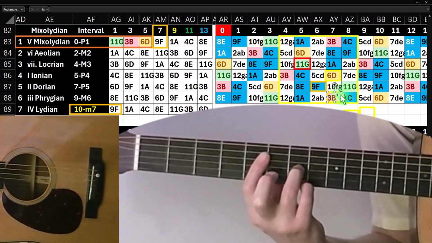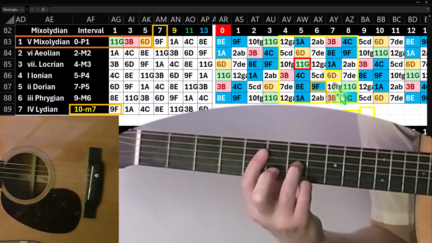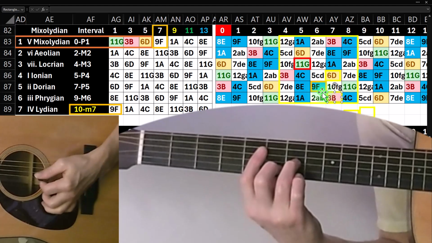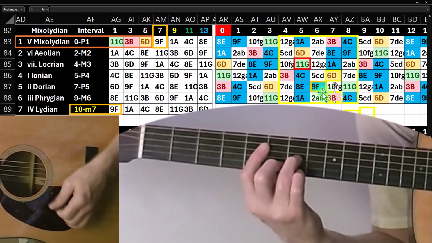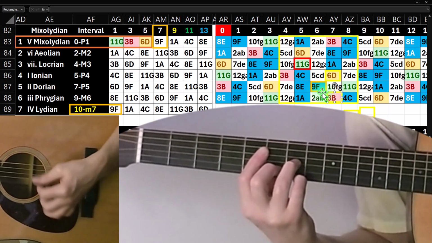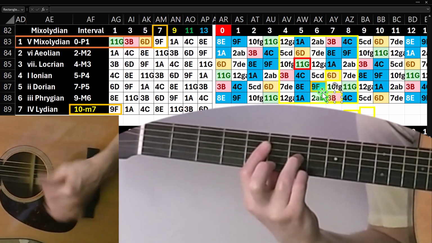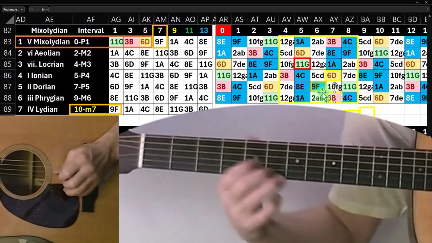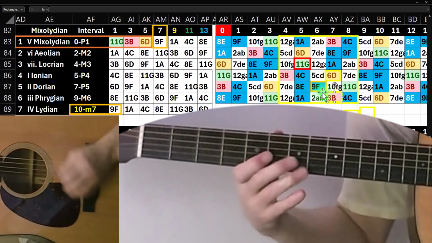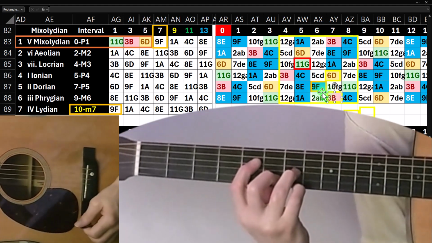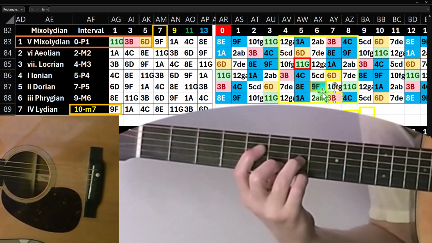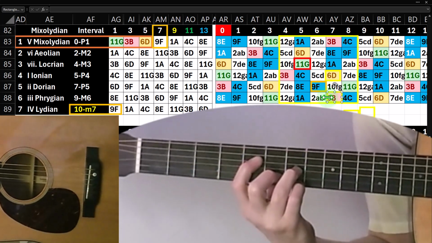But if you do that, then you can also add this right here, which gives you that 7. So that's cool to have. And then you can go back to this. And then again, of course, here's the third. You can kind of mess around with the third, the minor third and the major third.